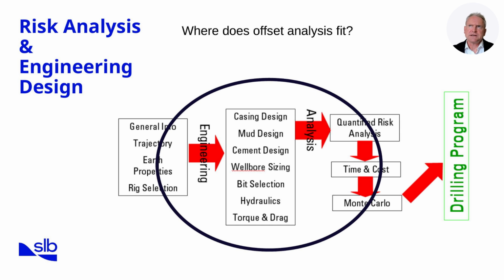By tying risk analysis to engineering design, we make the plan realistic, grounded in both data and experience. We avoid designing wells that are theoretically perfect, but practically unsafe. The key point is that risk analysis is not separate from design, it is part of the design process itself. With this in mind, let's move into how risk analysis transforms into practical risk management.